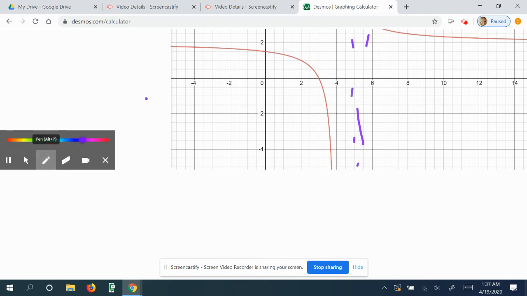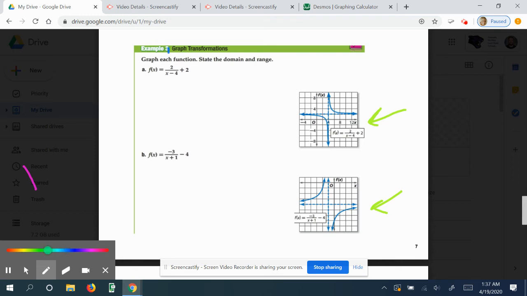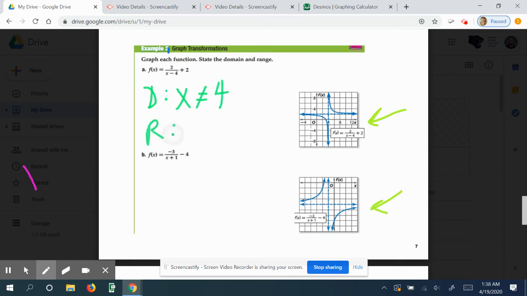And then our f of x asymptote is going to go through the 2 right here, right? So we'll go back here and we'll say, our domain, right, was x values, and for this one, x could not be 4. In our range, it was y could not be 2, right? And that came from our graph.